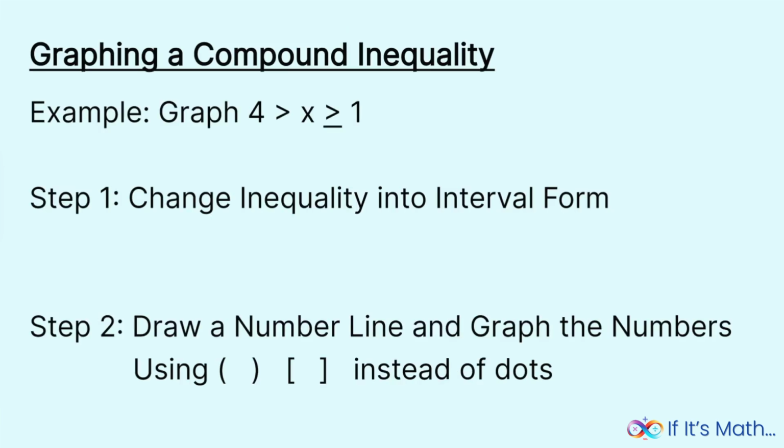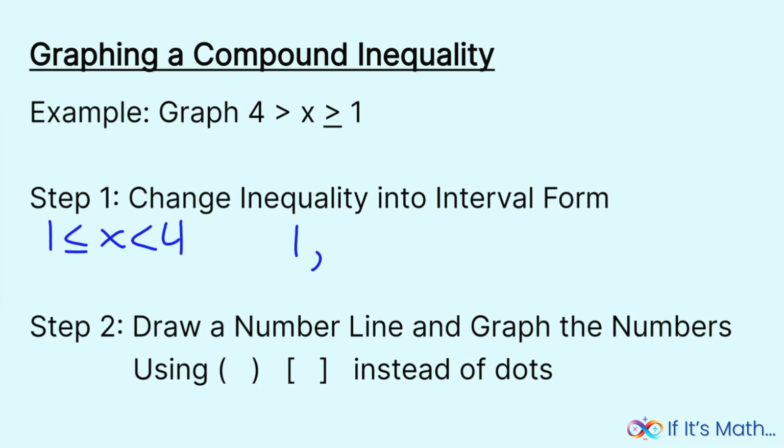Okay, one more just to be sure we've got it. So if we want to graph 4 is greater than x is greater than or equal to 1, remember, you always want to have it in the less than direction. So you're going to flip this all the way around. Make that 1 is less than or equal to x, which is less than 4. Get it into interval notation.